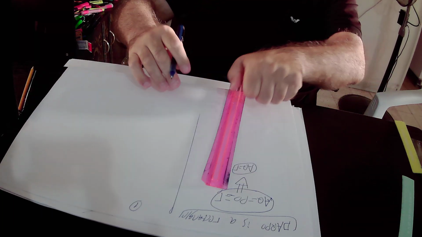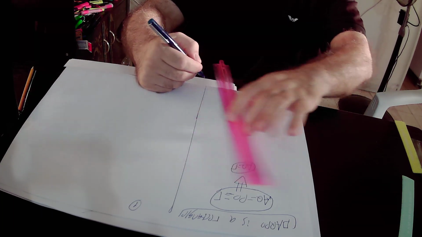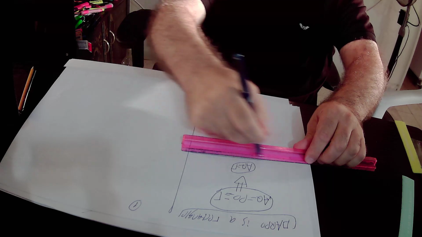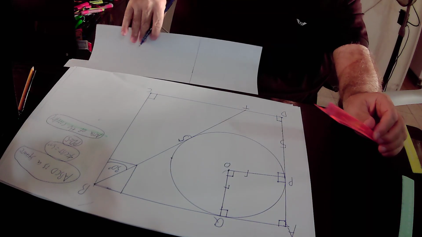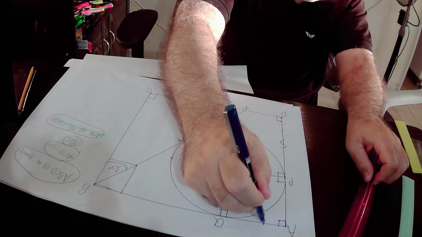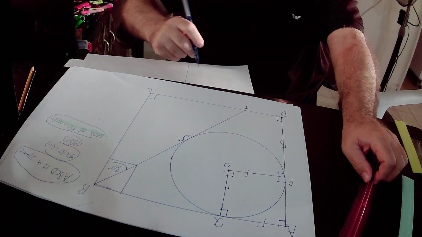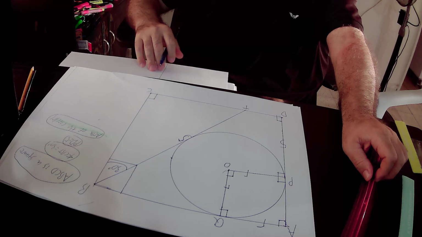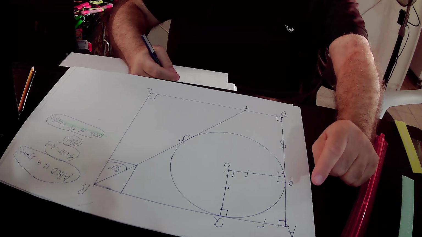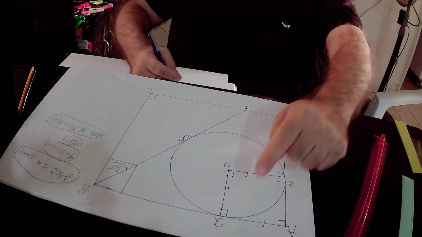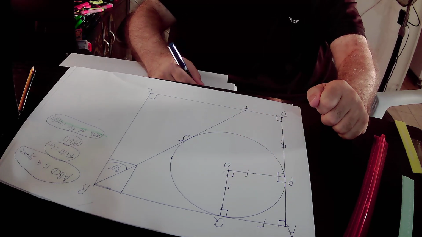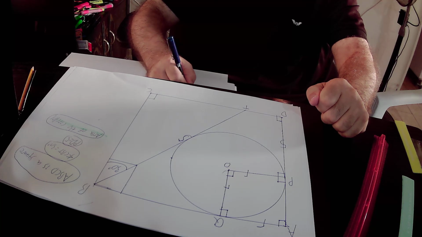Here we can write in the drawing that AQ equals R. Likewise, according to the same rule that the opposite sides of a rectangle are equal to each other, we get that AP equals QO.